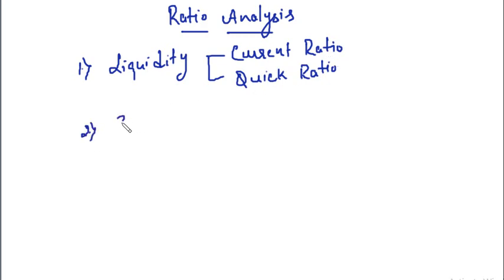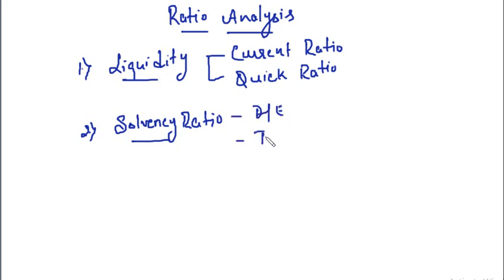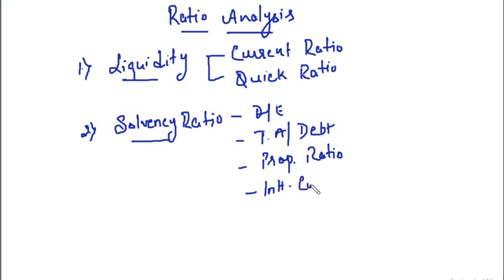The second we studied about solvency ratios, right? In the solvency ratios we studied four ratios, that is debt equity ratio, second one total assets to debt ratio, third one proprietary ratio, then interest coverage ratio, right?